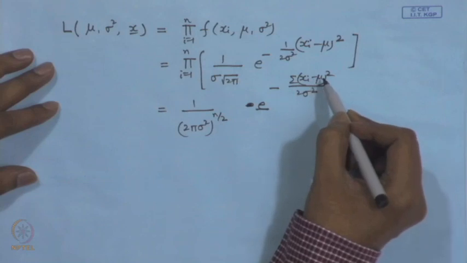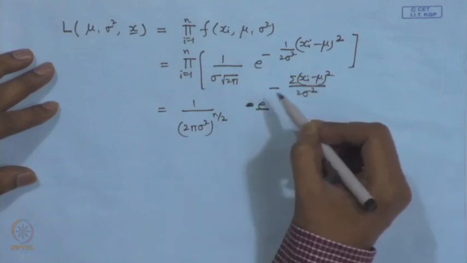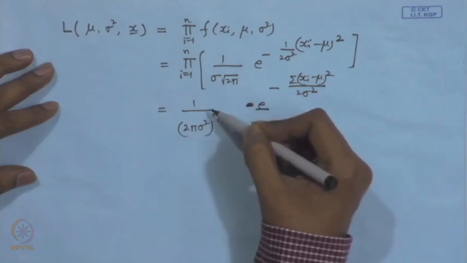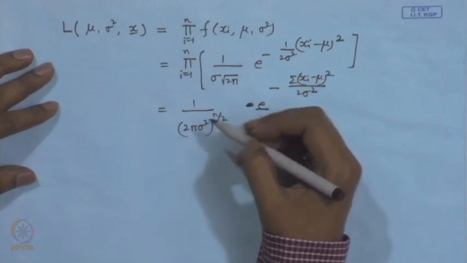Again you observe the parameters for which we need the estimators, they are occurring in the exponent as well as in the main form here. So, it will be beneficial if we consider the log likelihood as before.